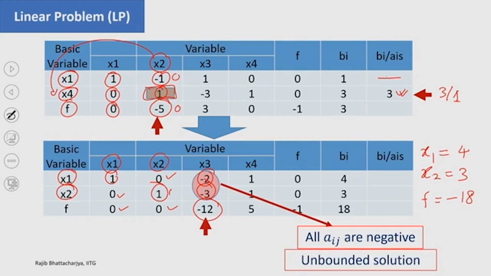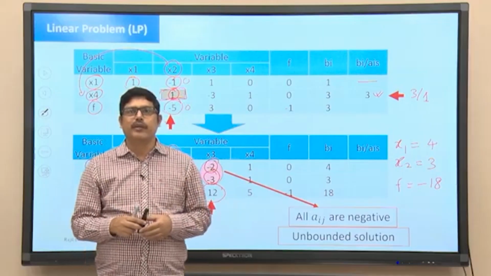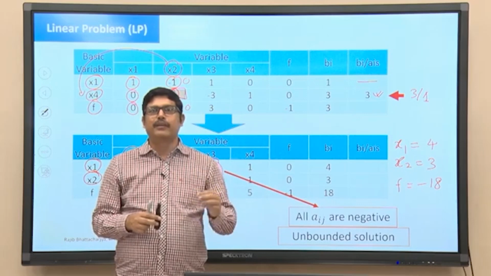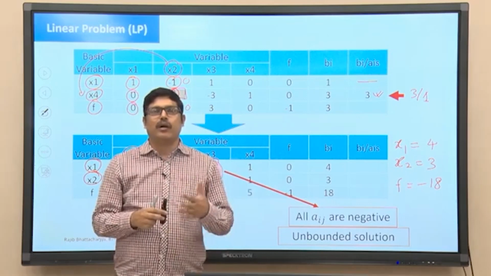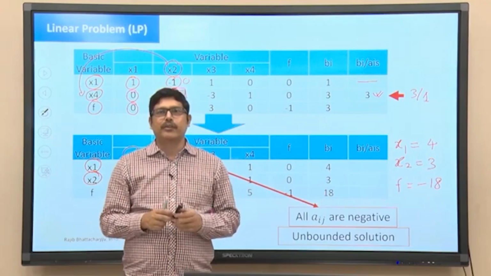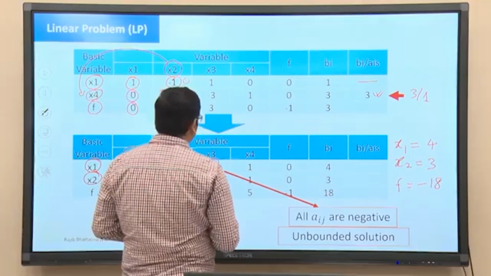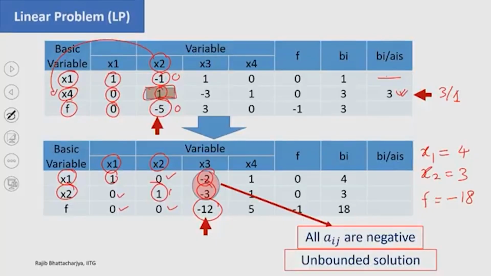So, this is an unbounded solution. Okay. So, you can go up to infinity, because the coefficients are negative and the coefficient in the objective function row is also negative here. So, this is an unbounded problem, an unbounded solution.